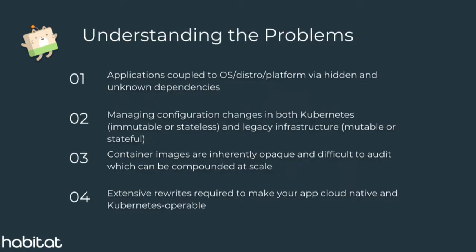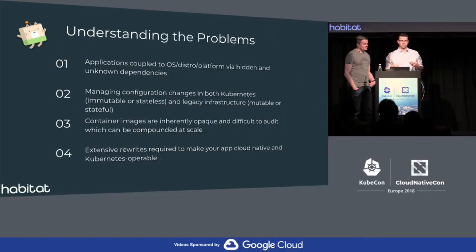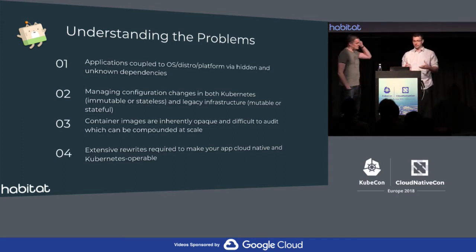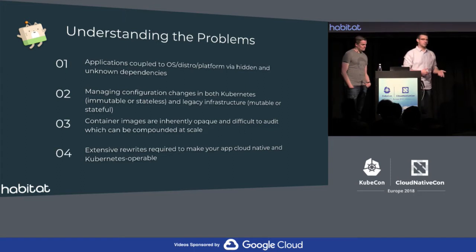So why we built Habitat is because we recognized that there were some underlying problems with the way that people package and manage the packaging of containers and the runtime there. One of the problems we identified was that your application was coupled to your operating system or your distro or your platform.